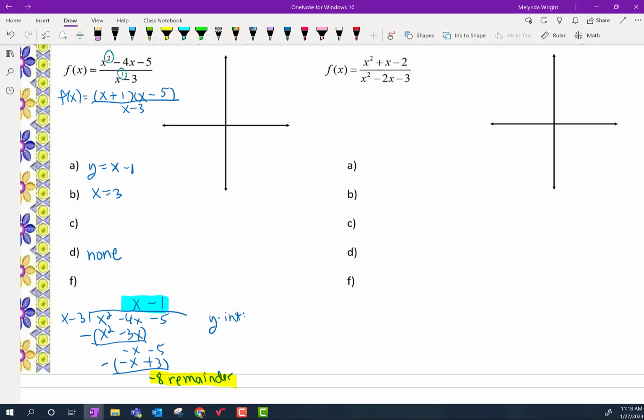So I'm going to put a 0 in for x, and I get negative 5 over negative 3, which equals 5/3. So my y-intercept is (0, 5/3).